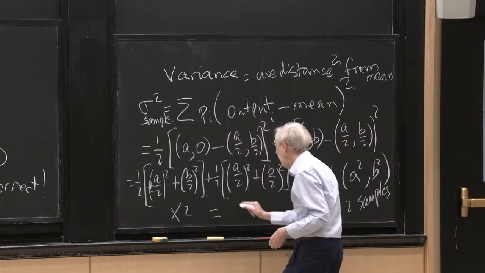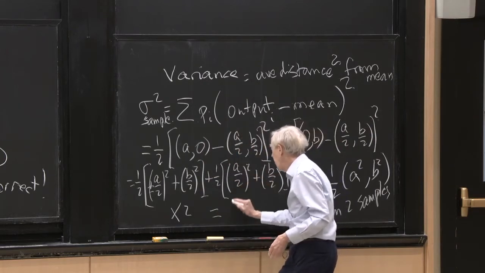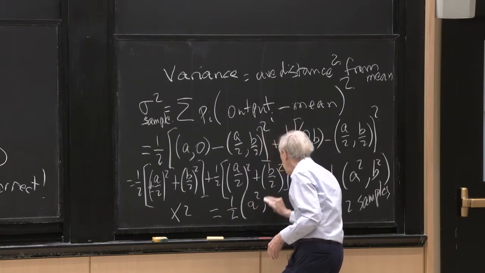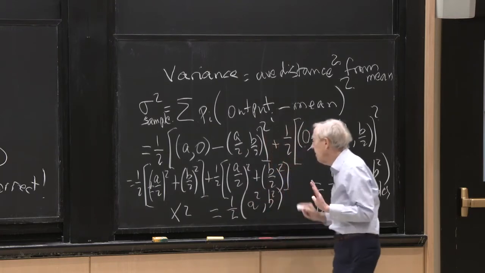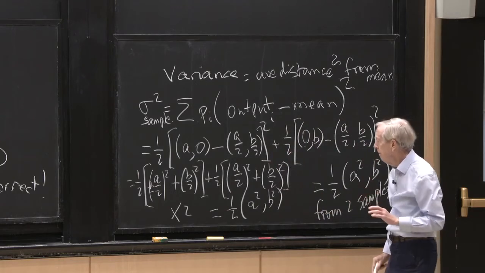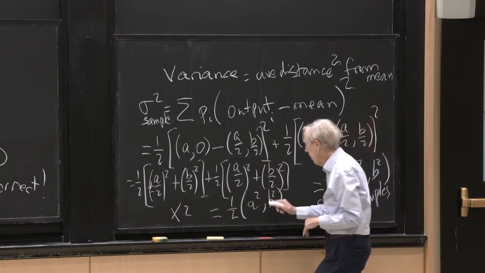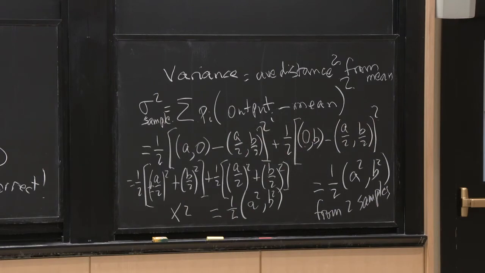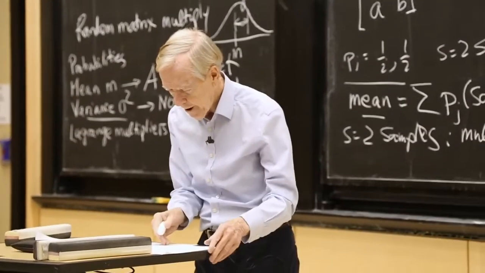It was 1/4, but now it'll be a half of a squared plus b squared. Yeah, I think that's right, but forgive me while I just ask myself.